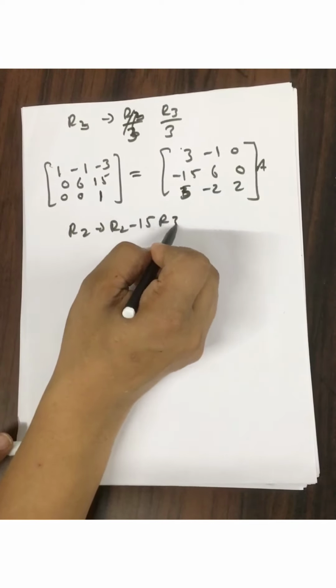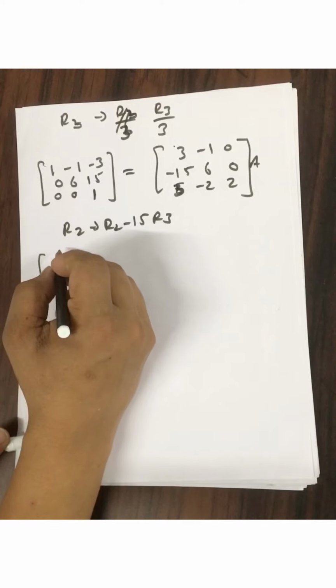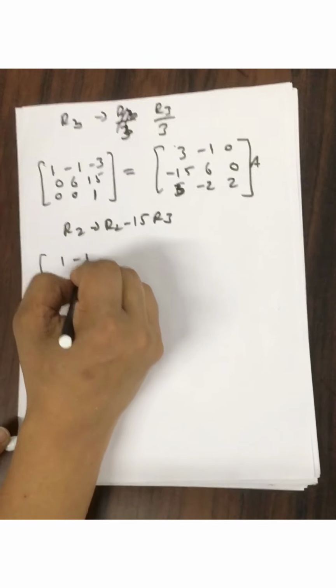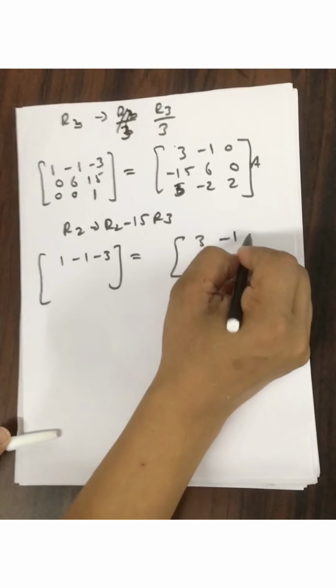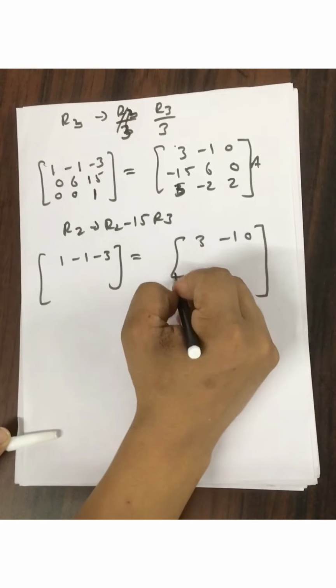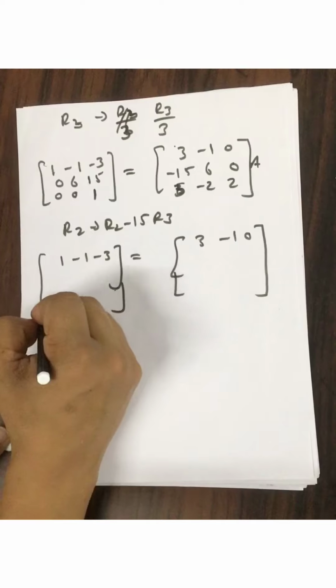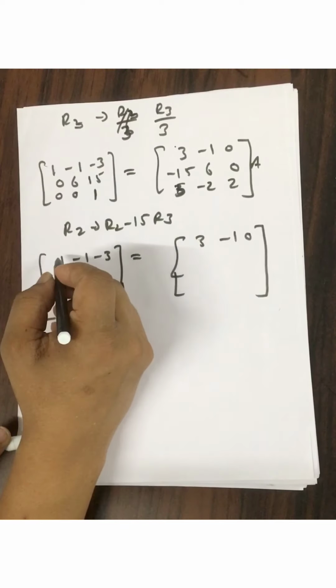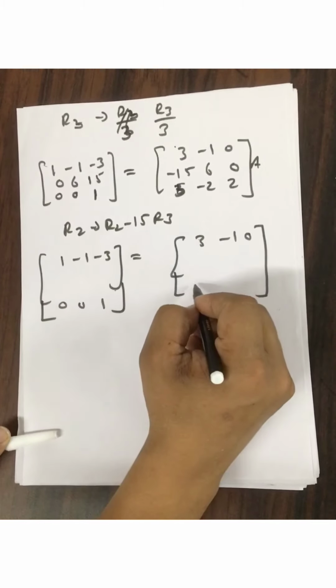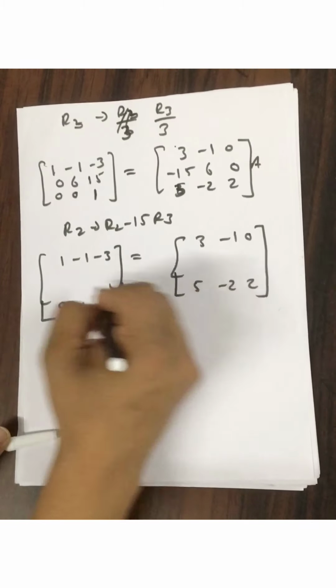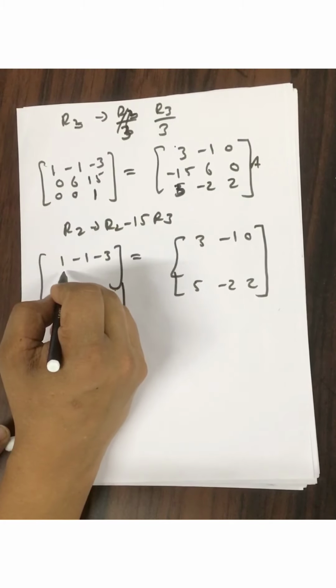So what happens over here? This will remain 1, minus 1, minus 3. Well, let's write this side also the same, 3 minus 1, 0, to make it easier, and I'm making this bigger. And once we subtract, this last one also will remain the same, so that our focus is only on one step.